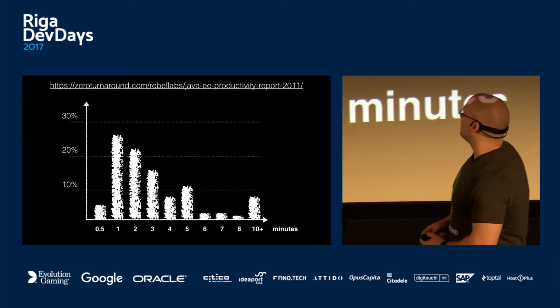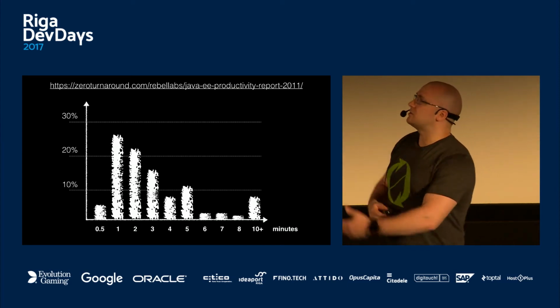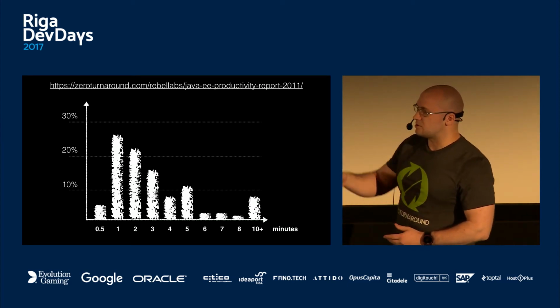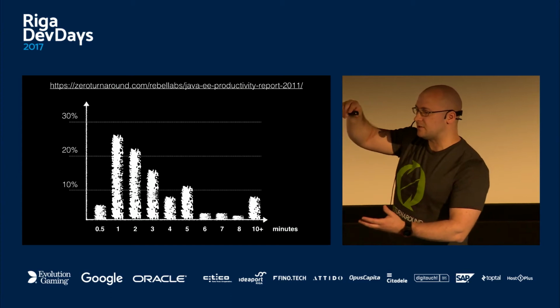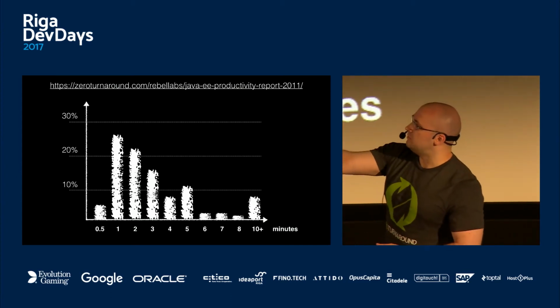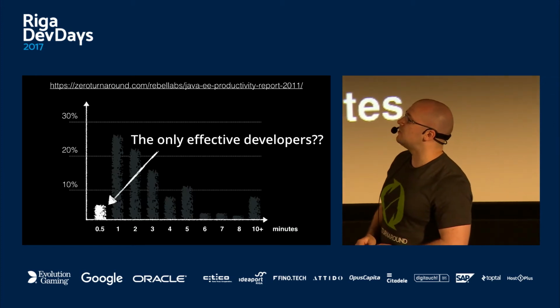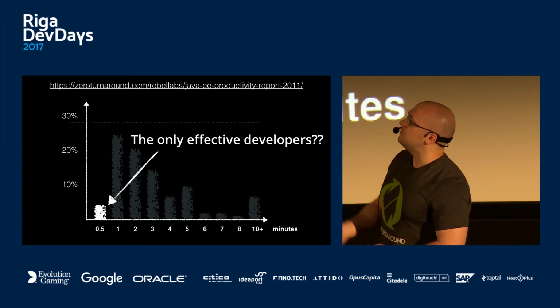And the data says, okay, how much time you spend on restarting the application, how much time it takes to start the application and get it into the state where it's functional. So those guys can get it under 30 seconds, right?